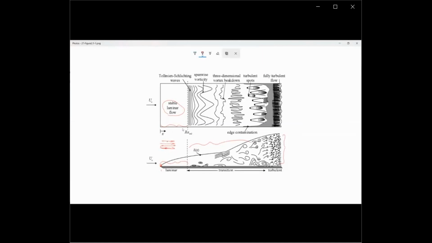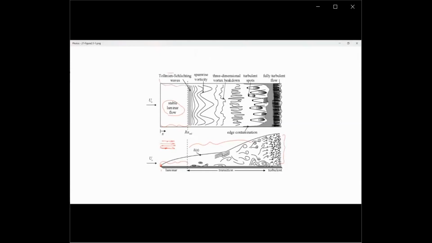But once disturbances disturb this laminar state and start to get amplified, the flow cannot stay in this laminar state anymore. Initially, we start to see different wave patterns getting generated.